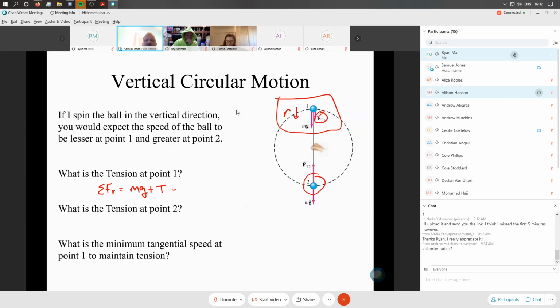What are the two forces acting in the r direction for the top? If I'm defining r to be this down arrow, what are the two forces acting in the downward direction on ball 1? If I'm going to add up those forces, what are they? Gravity and the tension. Okay, so that's just the net force acting in the r direction.